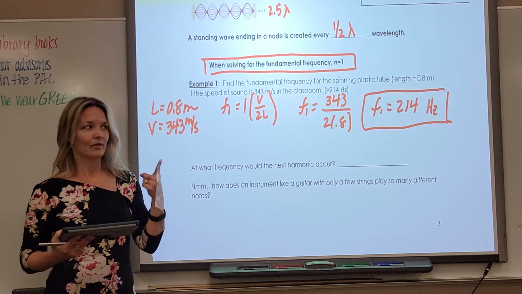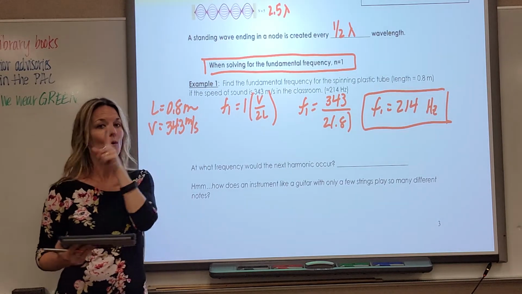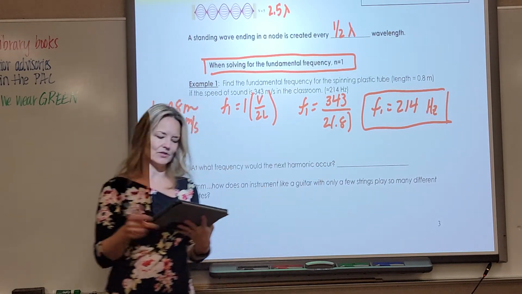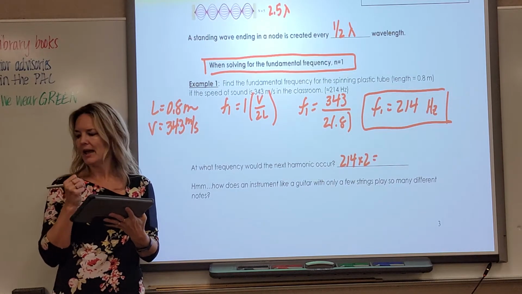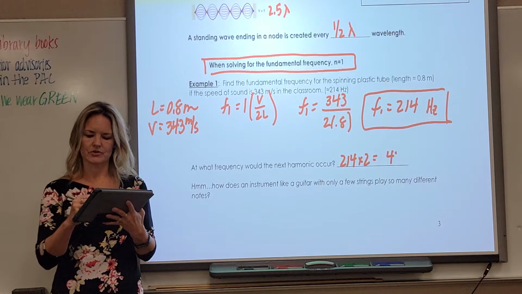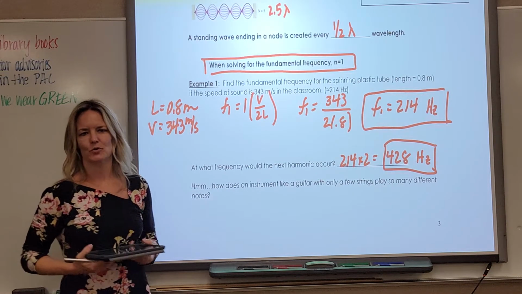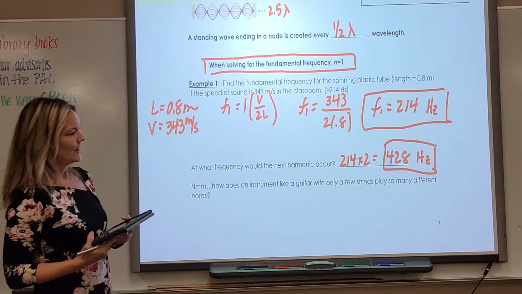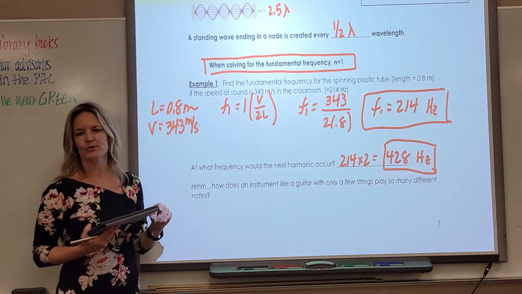You can either put a 2 here and redo your calculations, or you can take the 214 and just multiply it by 2, and that would give you 428 hertz. There are decimals involved, they just round it to the nearest whole number. All right, so to find the next harmonic, a 2, you could put a 2 there, or you just multiply it by 2.